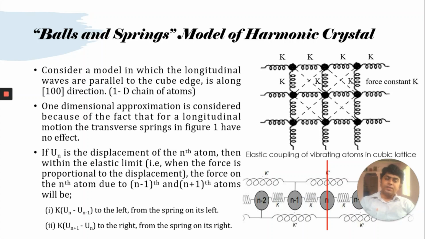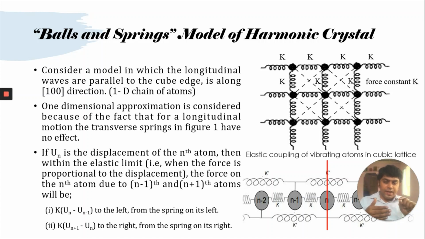Let us come to the balls and spring model. I have periodic atoms which have been bonded together. These bonds are nothing but kind of springs, and these atoms are balls. Hence, I call it the balls and spring model, or model of a harmonic crystal. So I consider a model which has a longitudinal wave parallel to the cube edge, along a 100 plane, a one-dimensional chain. Such an approximation is considered to understand this concept.